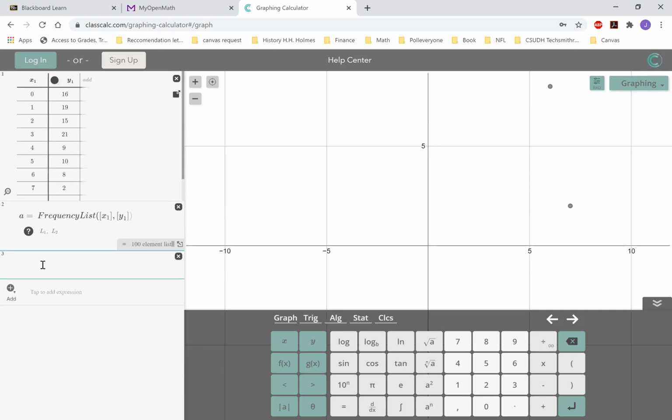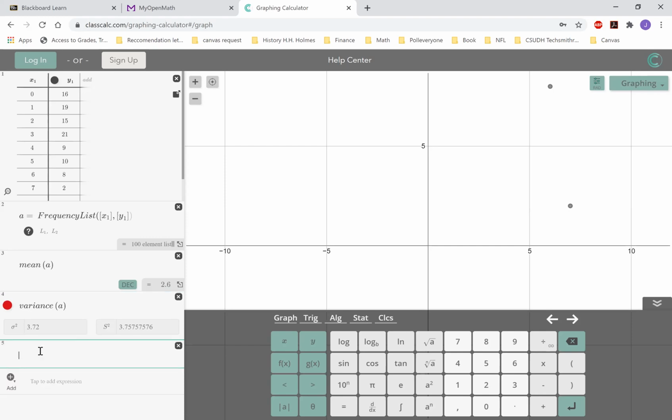All right. So then if you want to find the mean, you can just say mean of A. That's your mean. If you want to find the variance, you can just say variance of A. That's your variance. If you want to find standard deviation, you put standard deviation of A, and that's your standard deviation.